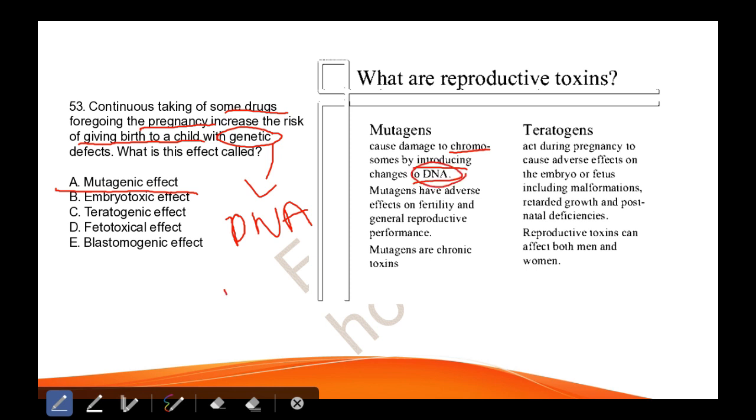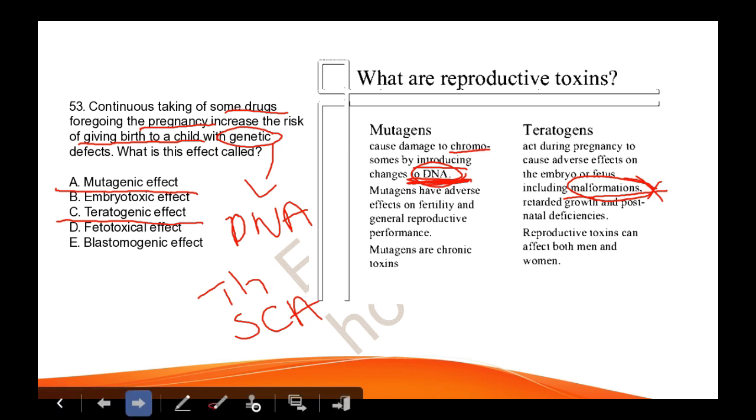This can be thalassemia, this can be sickle cell anemia, but for teratogenic effect, you can differentiate between these two through the malformations. This is a physical pattern. Here in the mutagenic effect, it is just genotypic, but here it is phenotypic.